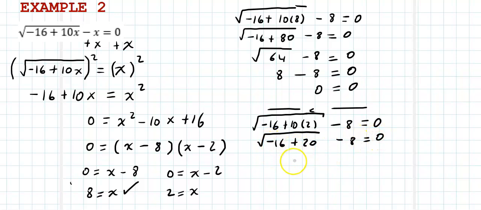Negative 16 plus 20 is 4. The square root of 4, minus 2 equals 0. The square root of 4 is 2, minus 2 equals 0.